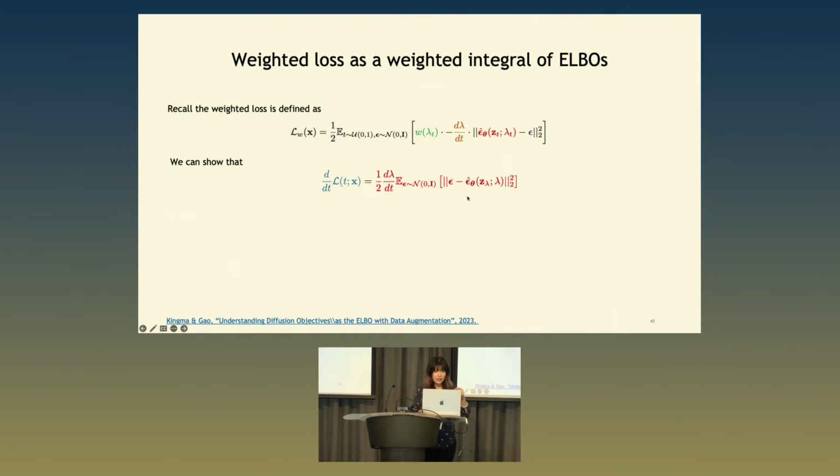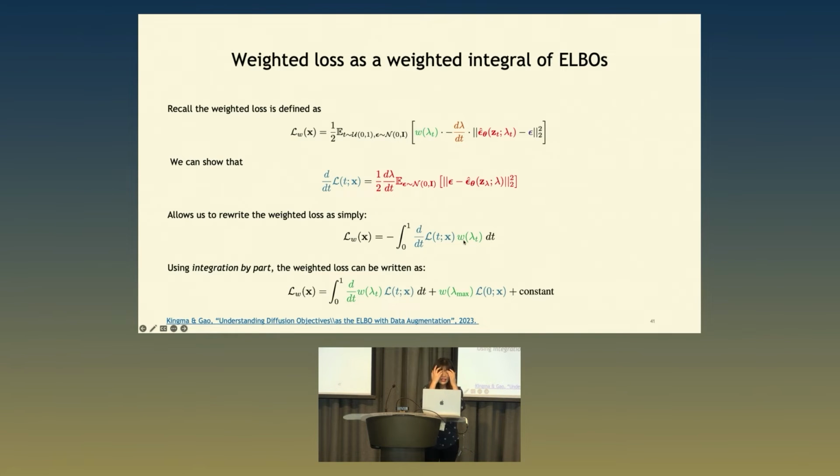We can plug this formulation into the weighted loss, and then the weighted loss can be rewritten in a very simple form: an integration over time of the negative time derivative of this L times the weighting function W lambda.